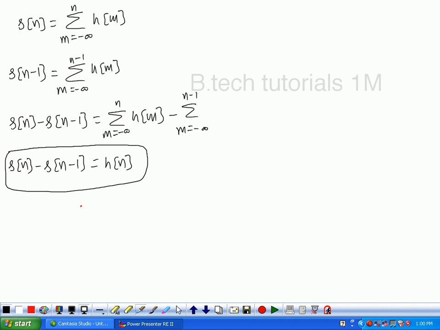What is h of n? The impulse response. So if the step response is given, you can find the impulse response. If the impulse response is known, we can find the step response. So this is the relationship between the impulse response and the step response.